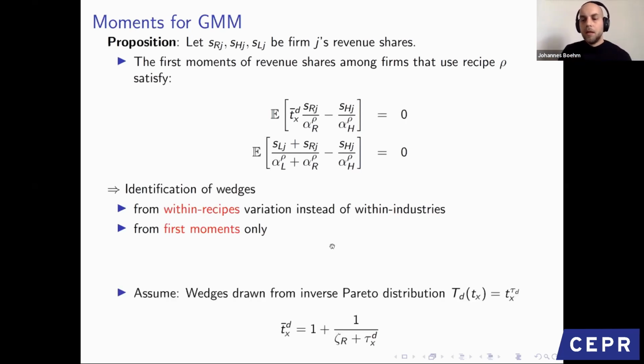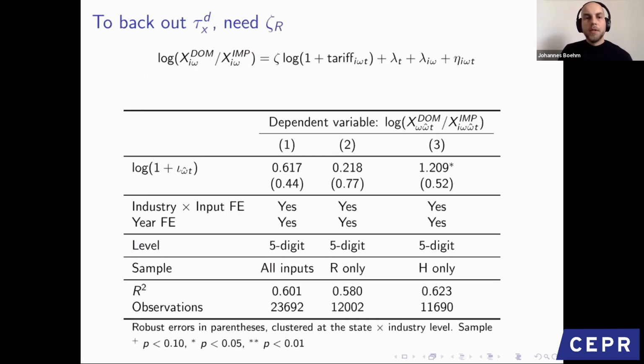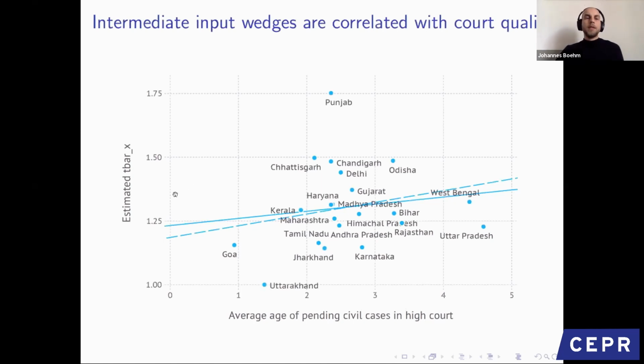Okay. So then we need to get some parameters, which I'm not going to get into, but effectively we estimate these equations using GMM. And what we find is that the resulting distortion parameter that we pick up in the GMM is correlated with the speed of contract enforcement, very similarly to the reduced-form regressions that I've shown you before. Okay.